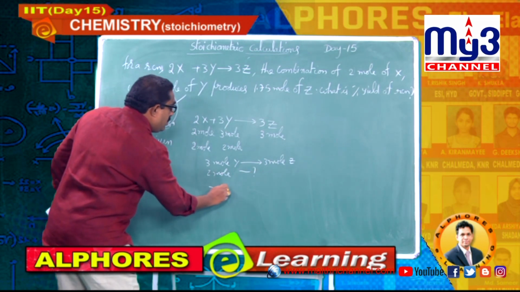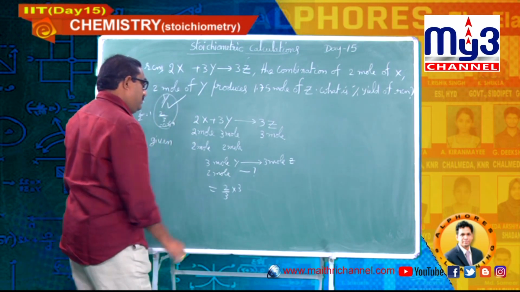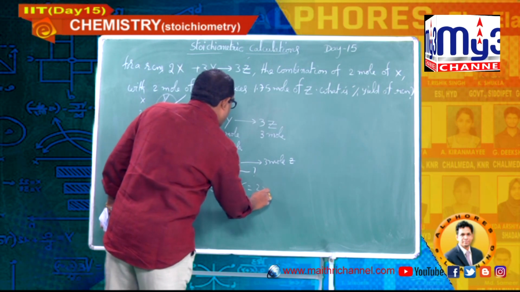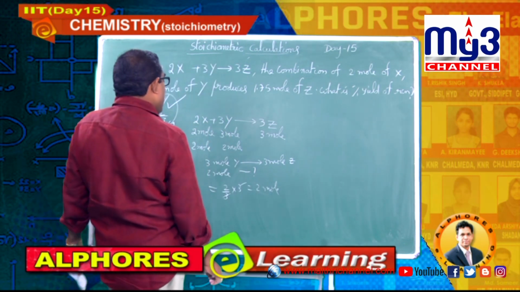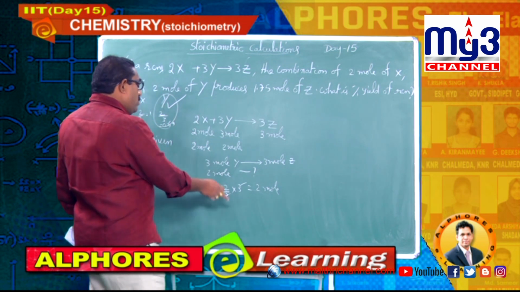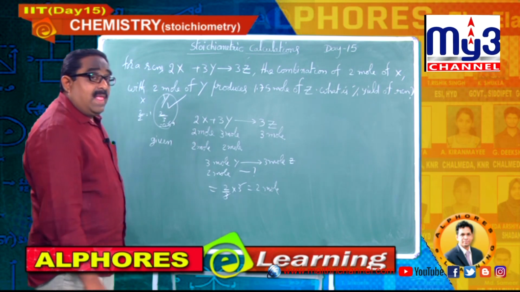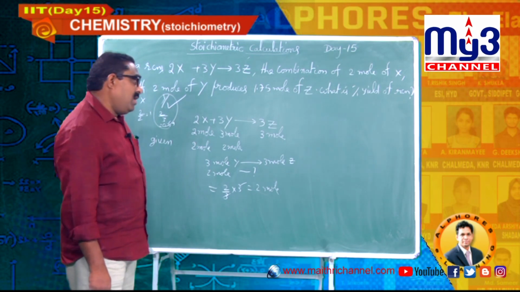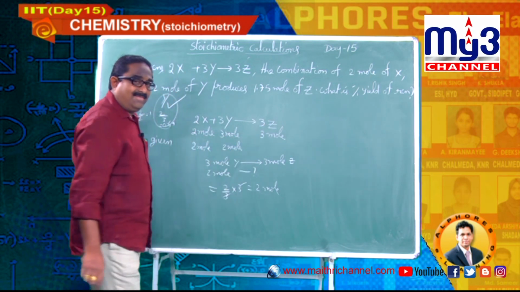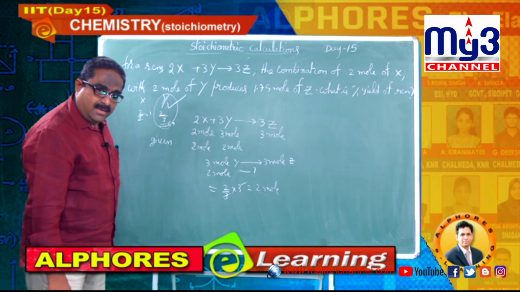So 2 by 3 into 3, that is 2 moles. 3 moles of Y gives 3 moles of Z, so 2 moles of Y gives 2 moles. This is theoretically calculated formation of Z, including the concept of limiting reagent.